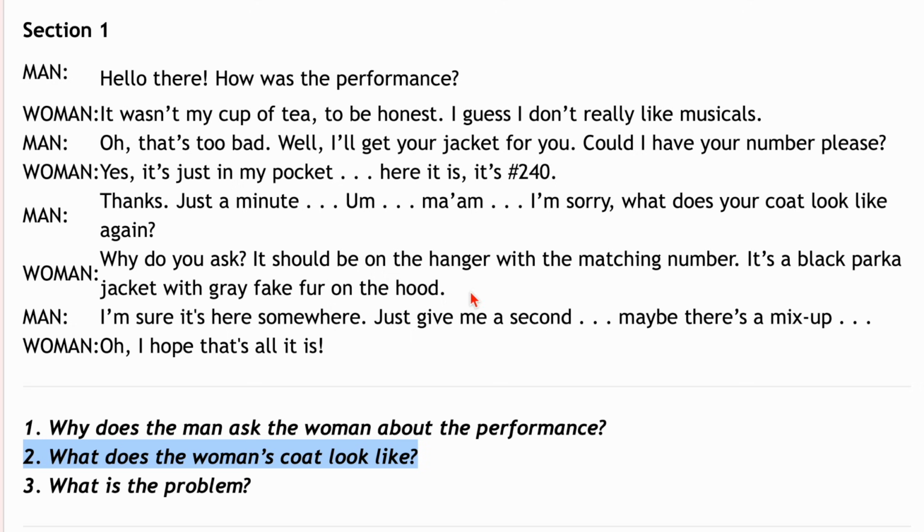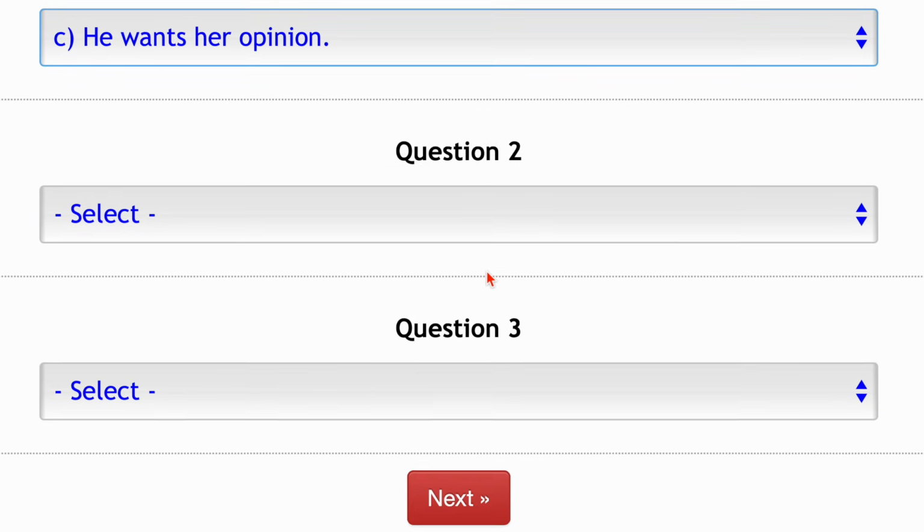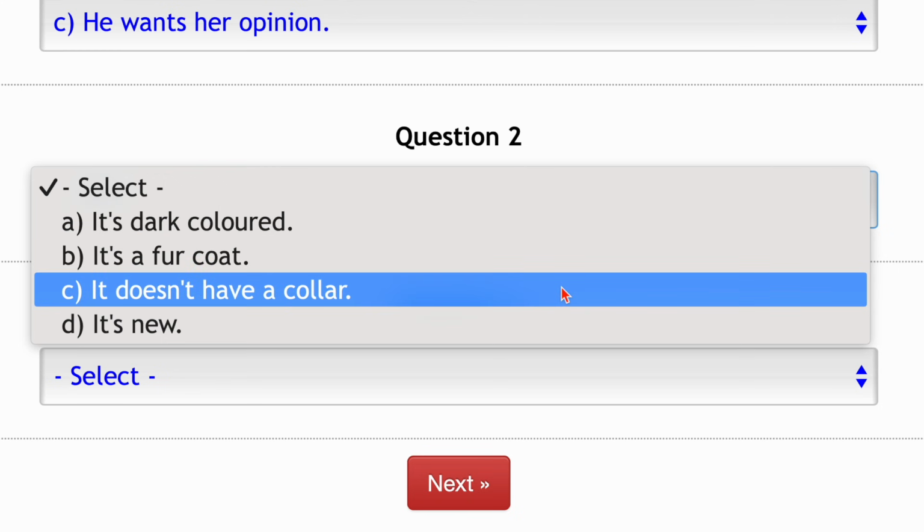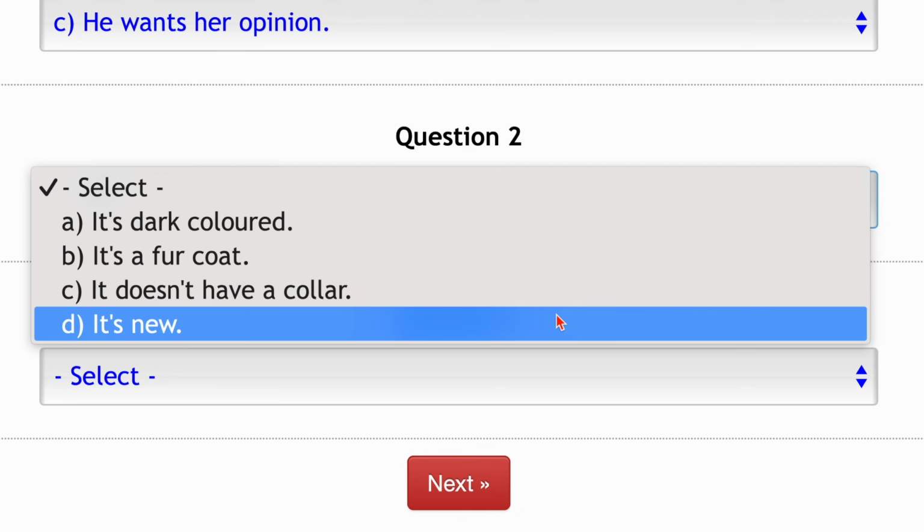Okay. So, which one matched here? It's dark colored. It's a fur coat. It doesn't have a collar around the neck. Collar. It's new. So, looks like she didn't say anything about new.